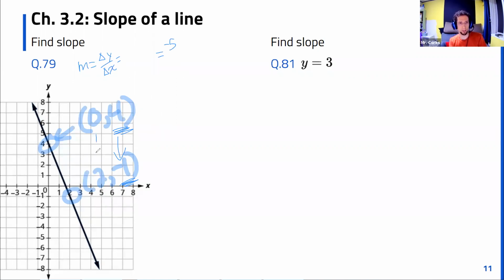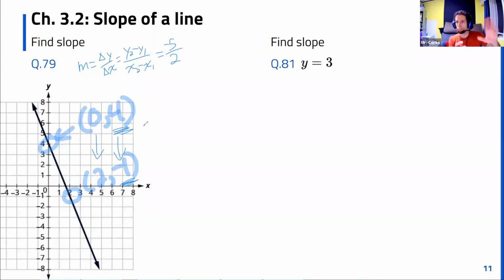And then similarly over here, for the x value, it went from 0 to +2. What's the change in x? Well, it's +2. So delta y over delta x, so -5 over +2. The more formal way of writing this is y2 minus y1 over x2 minus x1.